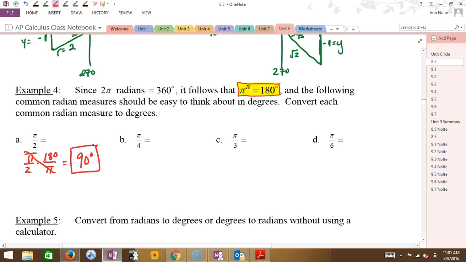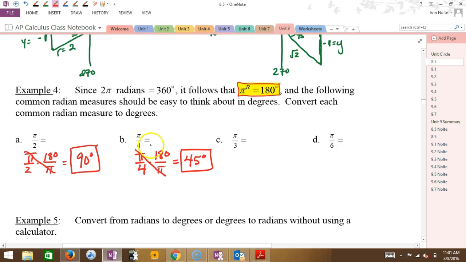We're just converting between the two forms of measure. For b, we have pi over 4. Again, we multiply by 180 over pi, cancel that out, and 180 divided by 4 is 45 degrees.